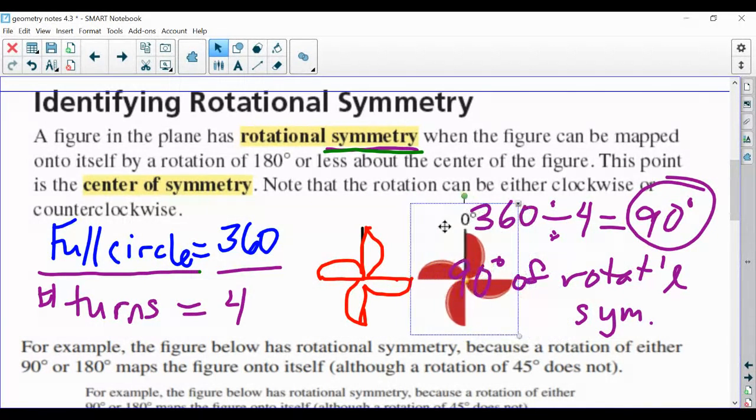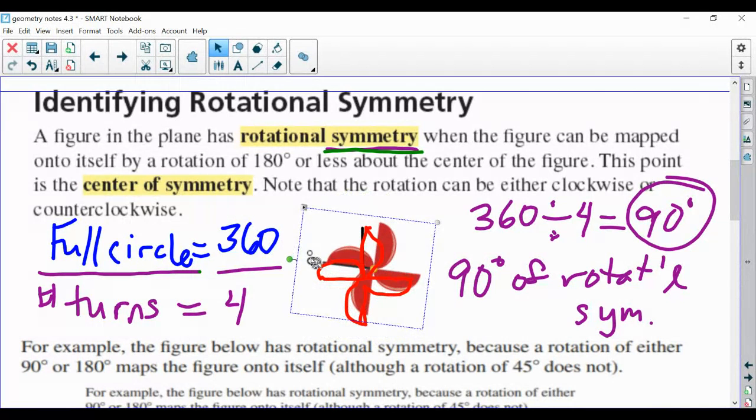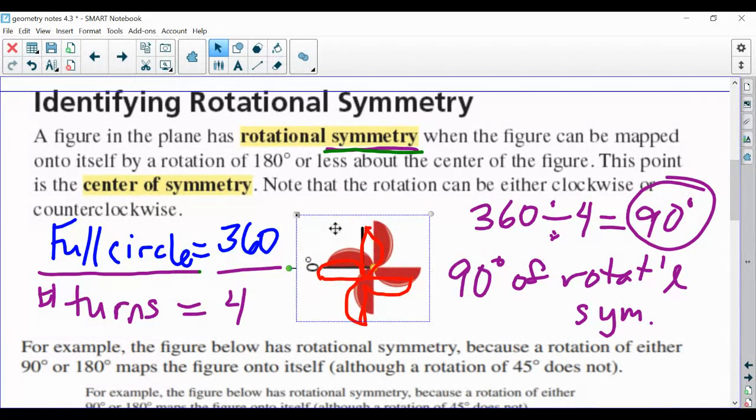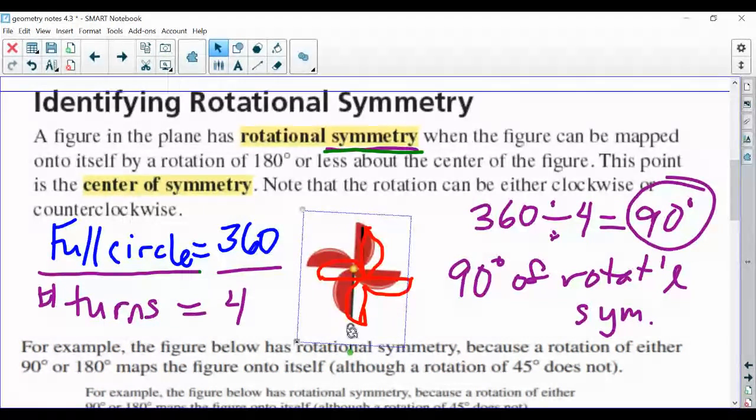I did trace the pinwheel because I'm going to turn it and we'll see when it looks the same. And I'm going to count the turns. I did this in class already. So I'm going in the counterclockwise position. So when I get to this position, so far that's one turn where I have symmetry because it looks the same. I'll turn it again.